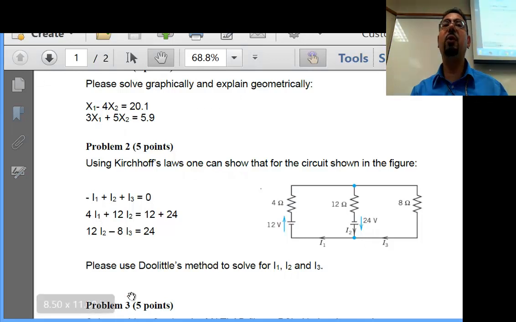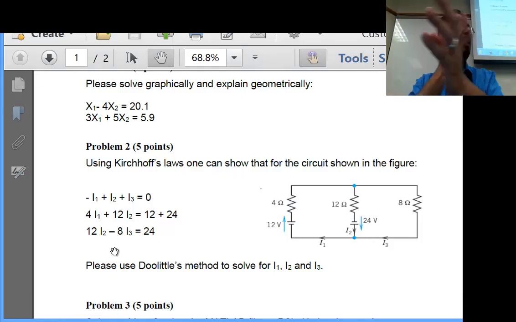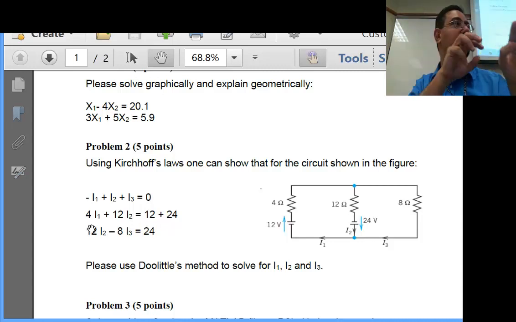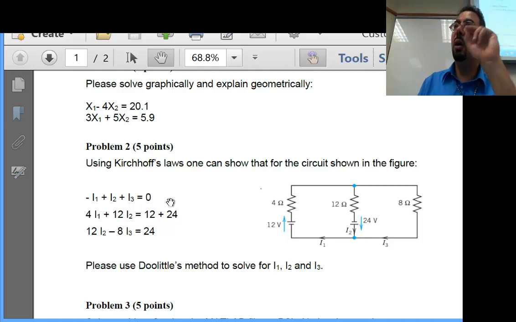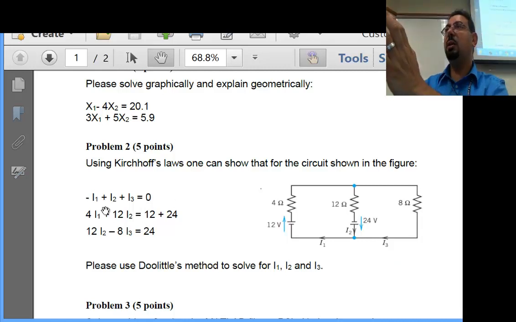And also sometimes it confuses them if they are not in order, like if the equation says 12 I2 plus 4 I1 equals 2. They will end up putting 12 at the beginning. No, the number next to I1 is the one that should go first. So I want you to practice, or make sure that you know how to look at an equation and put them in a matrix.